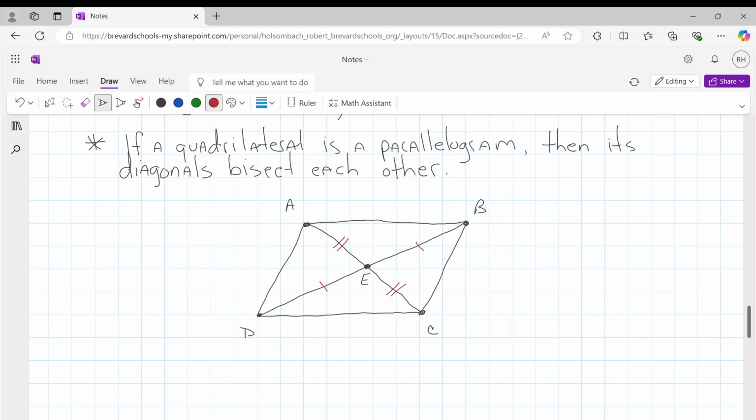And then today, you'll use that rule to solve for variables in a parallelogram. So if we're given this diagram, and D to E is 2y minus 5, and E to B is y plus 4.